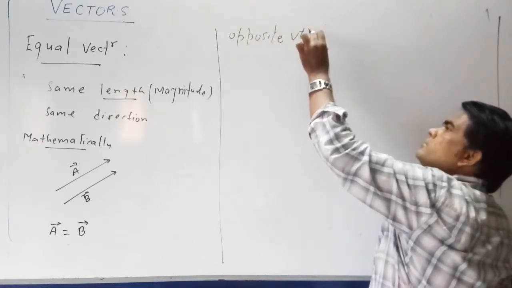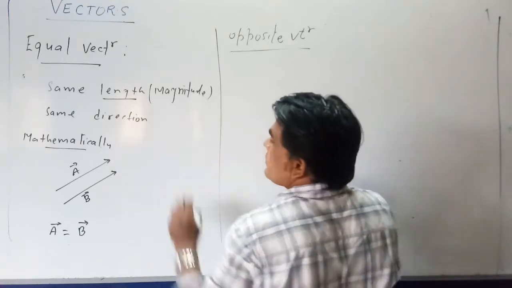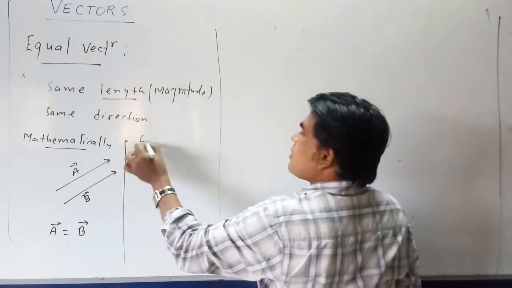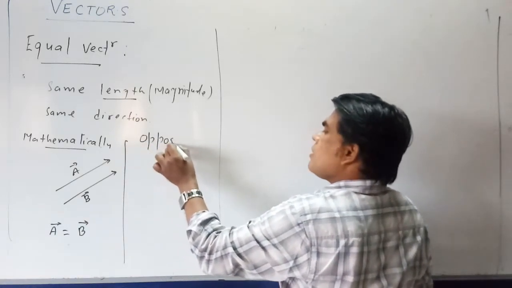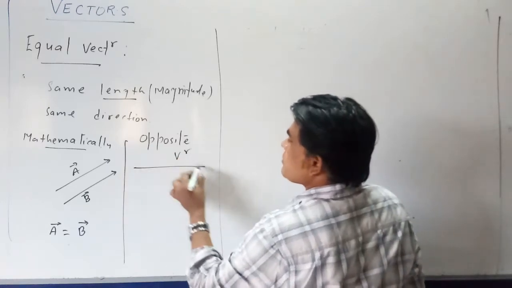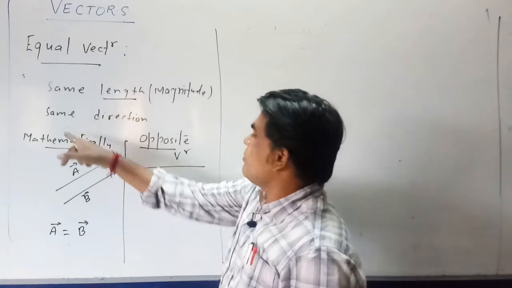Opposite vectors, if the direction is reversed, I can discuss here only. Opposite vectors means same length but opposite direction.